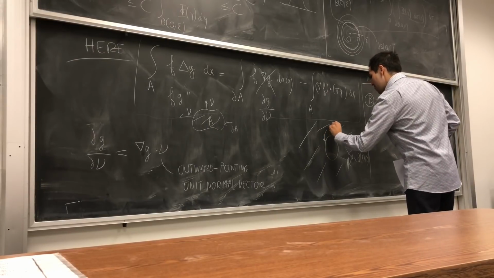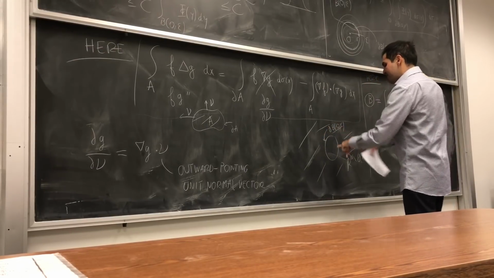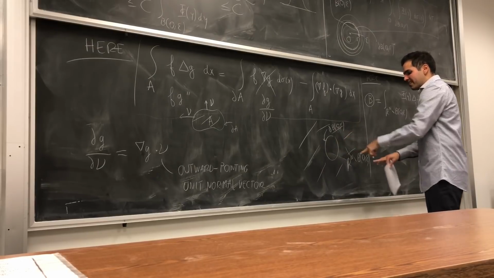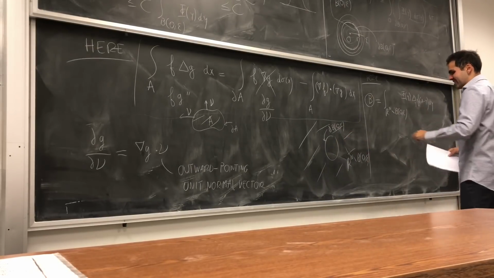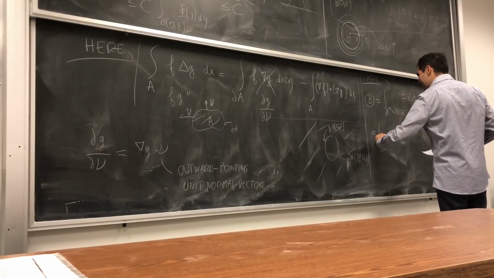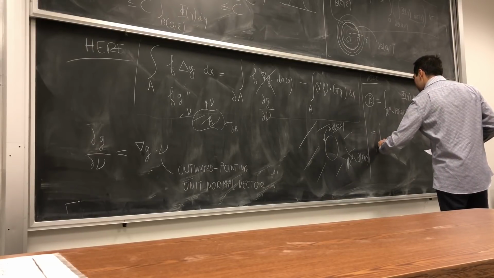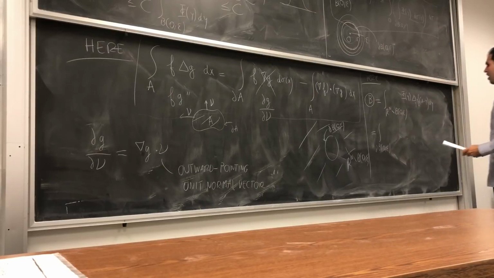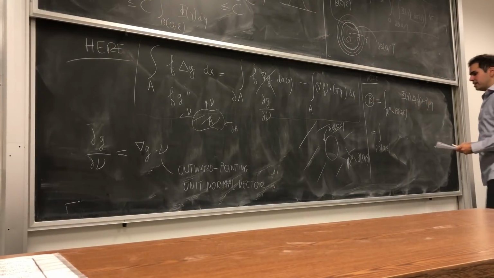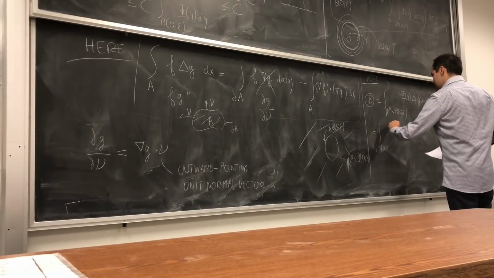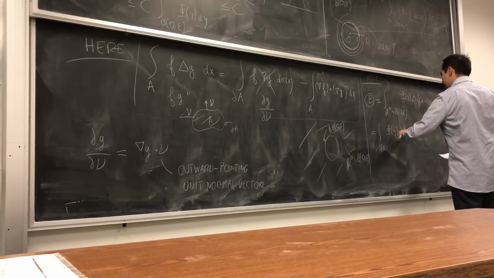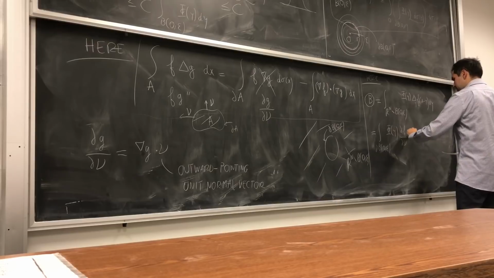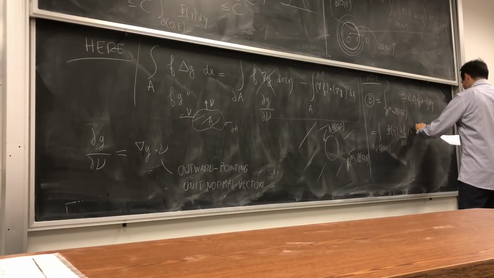So the sphere of radius epsilon is precisely the boundary of this exterior region. So in other words, this becomes the boundary sphere, and then you want to integrate this by parts. Again, phi of y, and this time the normal derivative of f of x minus y d sigma y.